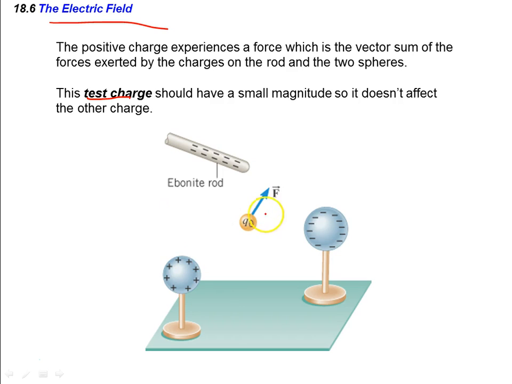If we were to put a positive charge right here, and we ask ourselves what would this positive charge do, it would be repelled from the positive charge over here. It would be attracted to this negative charge and attracted to this negative charge. So we say that the force is in this direction because the electric field is also in that direction.